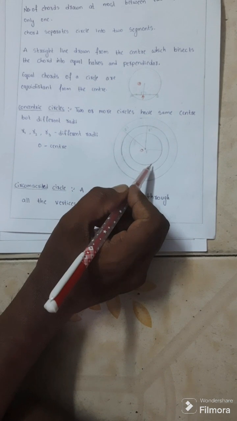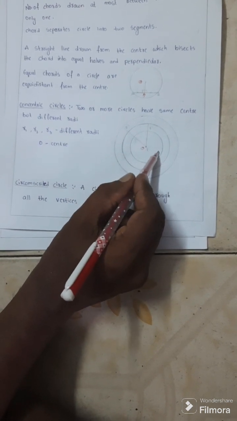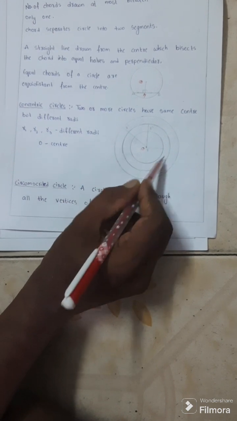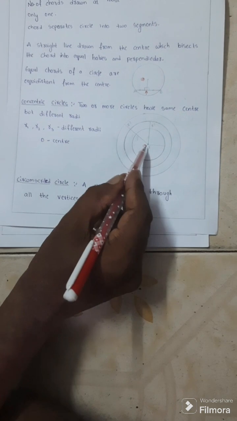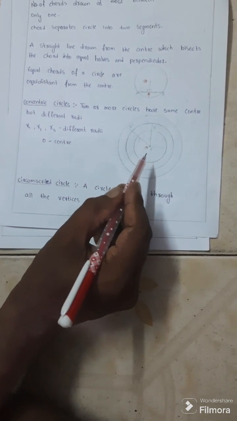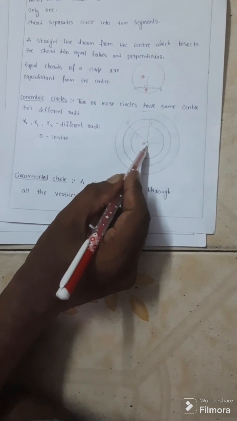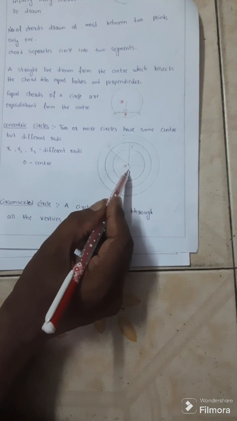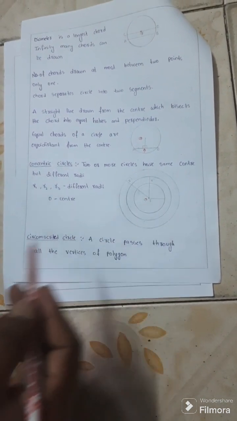The inside circle has radius r1, the middle circle has radius r2, and the outside circle has radius r3. All these circles with different radii but the same center are called concentric circles. The center O is common to all circles.